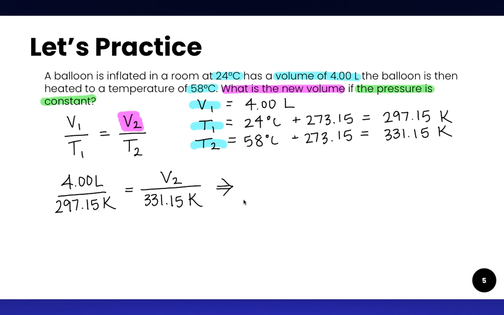Okay, therefore, I can rewrite this into a form that does not include fractions by cross multiplying. So this times this and V2 times this. So that's what I'm going to rewrite right now.